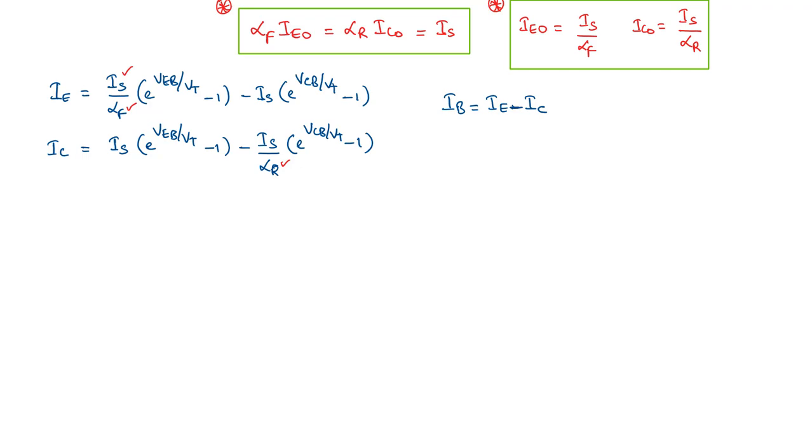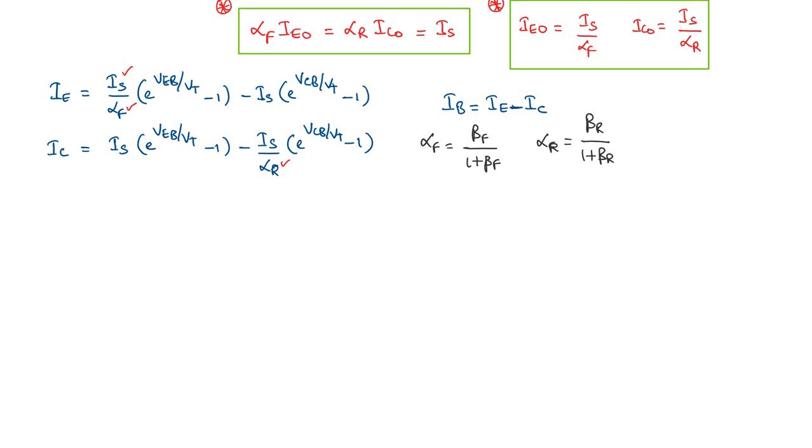Now we can rewrite these expressions in terms of beta F and beta R, where alpha F is related to beta F by beta F over 1 plus beta F, and alpha R is related to beta R over 1 plus beta R. Now I'm going to write expressions for IE, IC and IB in terms of beta F and beta R instead of alpha F and alpha R.